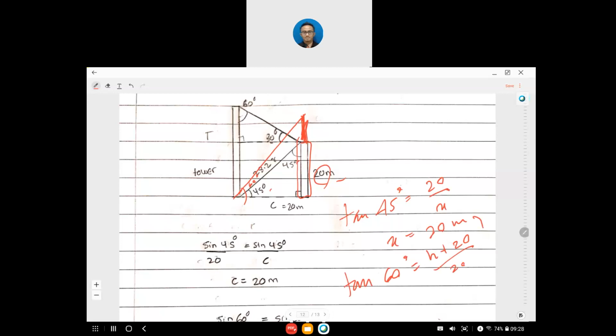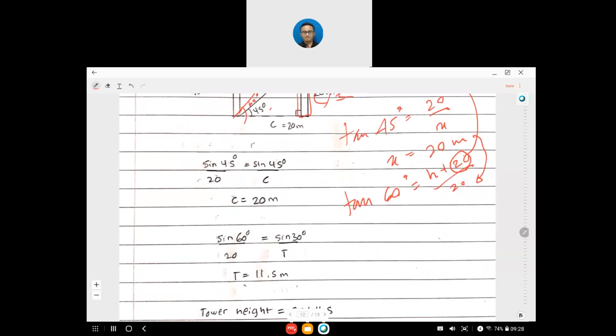Okay, ni 20 come from this one. Sebab awak nak cari yang ni kan, berapa. Okay. So you can get the value of h lah. Of the, what we call it, h of the height of the tower. Okay. Transmission tower tu. Atas bangunan tu.